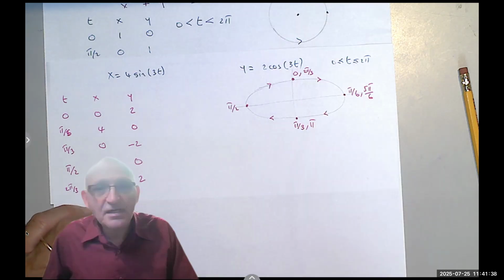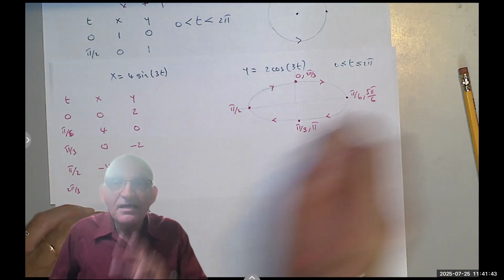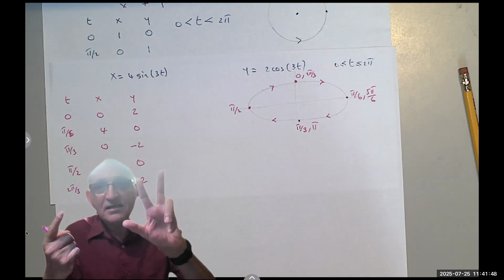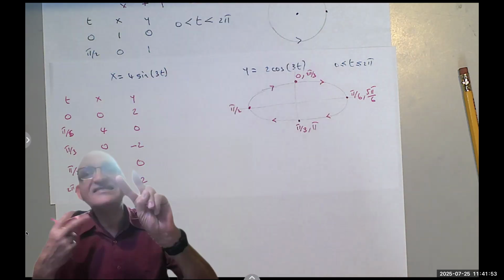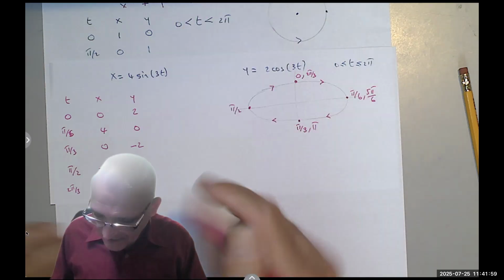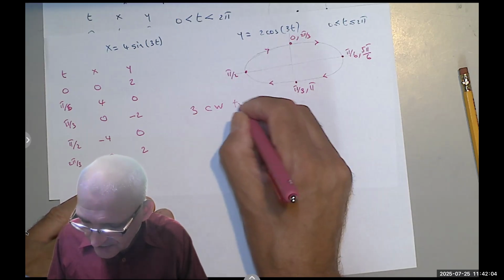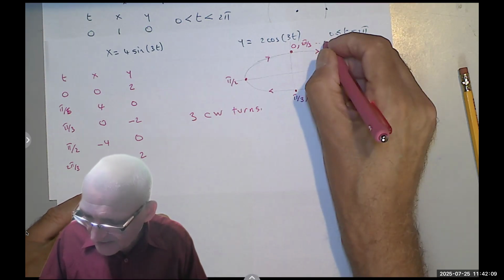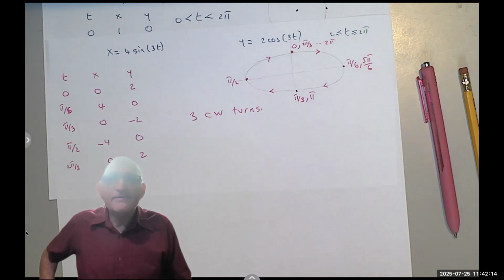And you keep going, and by the time you are done, you have made 3 turns because you make one turn in 2/3 pi, right? So in 4/3 pi, you will make 2 turns. In 6/3 pi's, which is 2 pi, you have made 3 turns. So 3 clockwise turns, and you end up where you started. So this at the end will be 2 pi. There is a 4 pi over 3 in the middle.